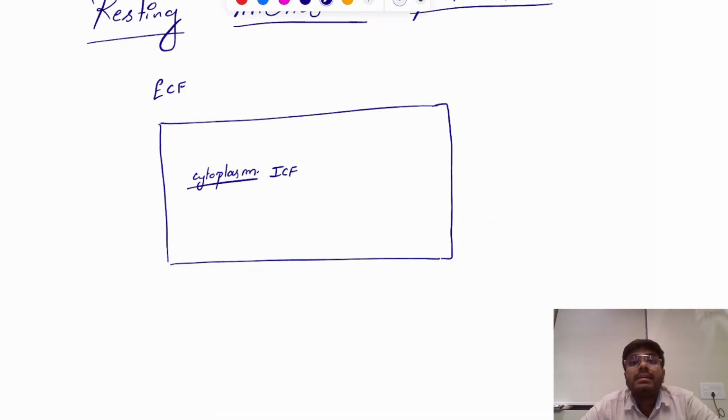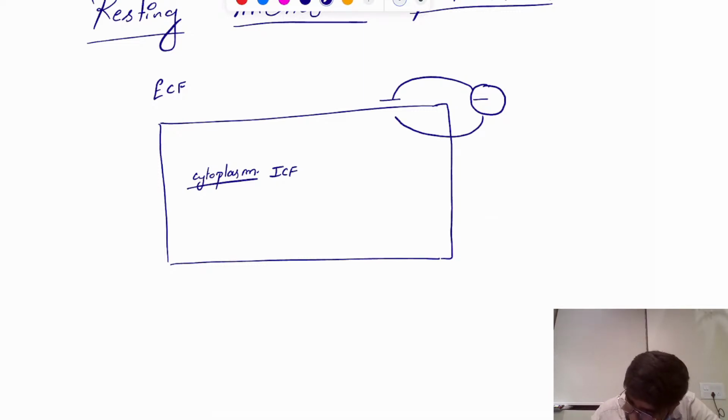Now you take a voltmeter, and it is going to show a reading. You are measuring the voltage difference across the cell membrane.